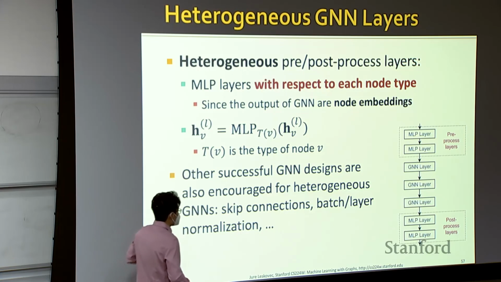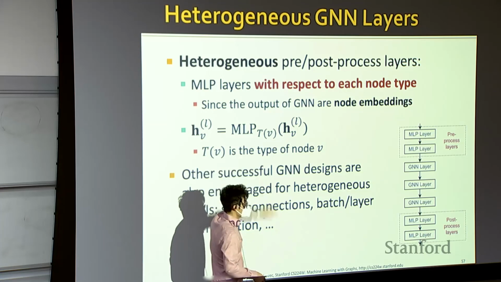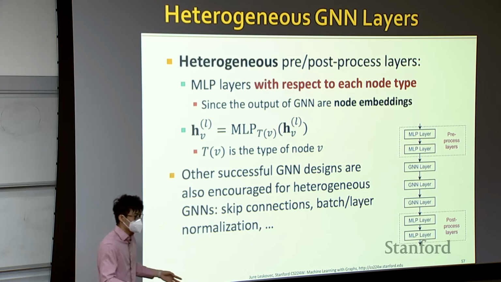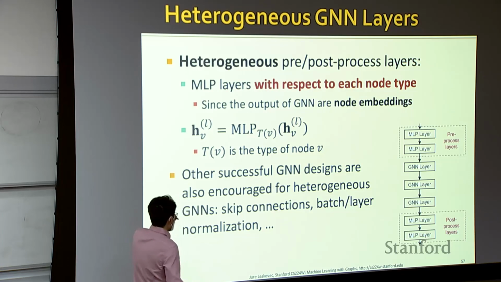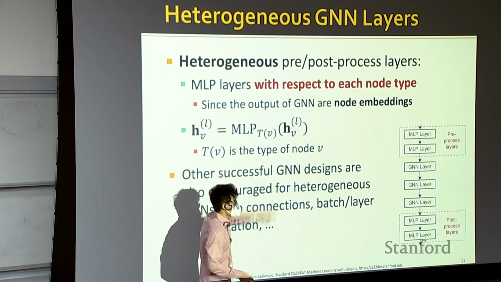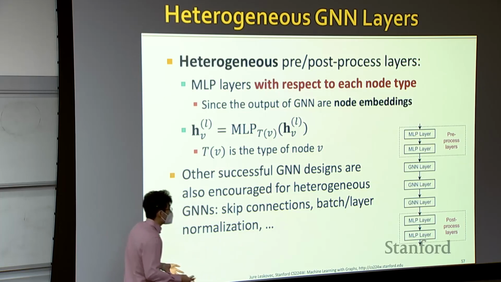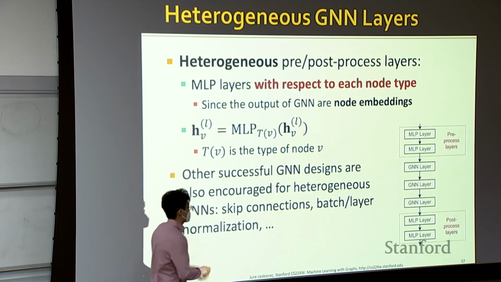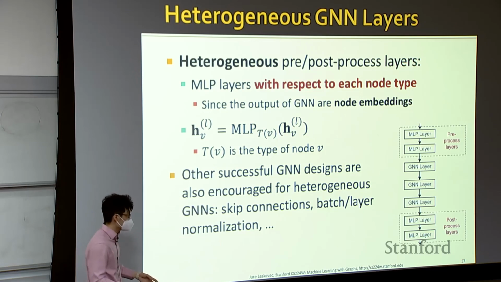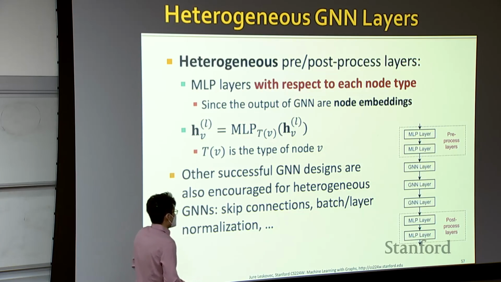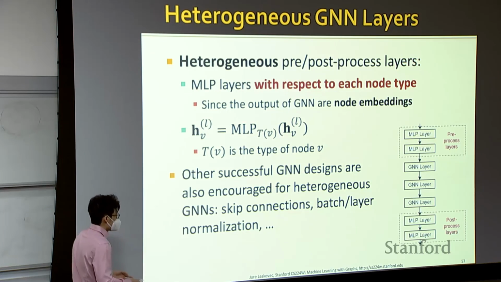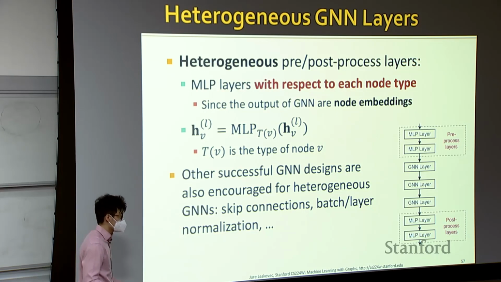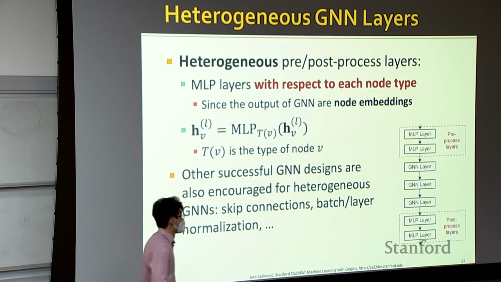The reason is that the output of any GNN layer is node embeddings, and because we have potentially multiple node types, we want to separately transform the embeddings of nodes that belong to different node types. So now the MLP here should also be type sensitive. This is how we can extend the pre-process and post-process layers for general heterogeneous GNNs.